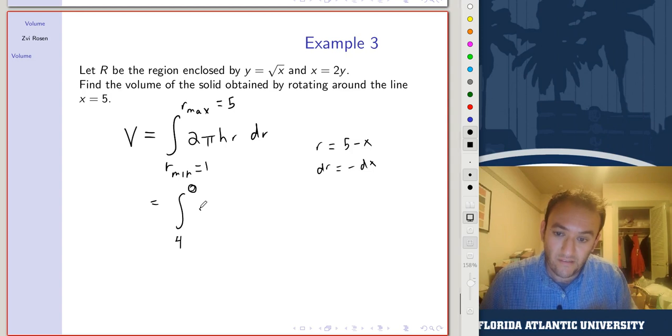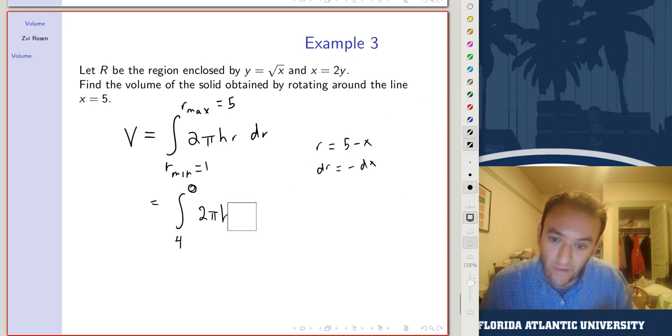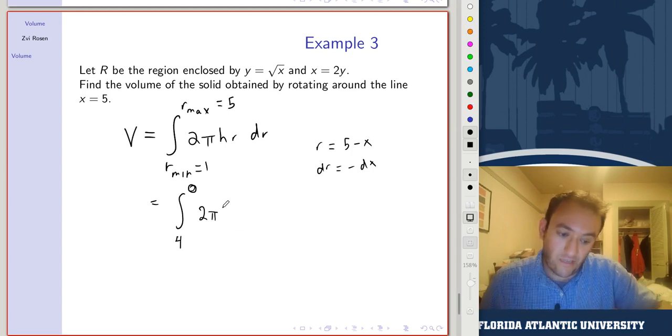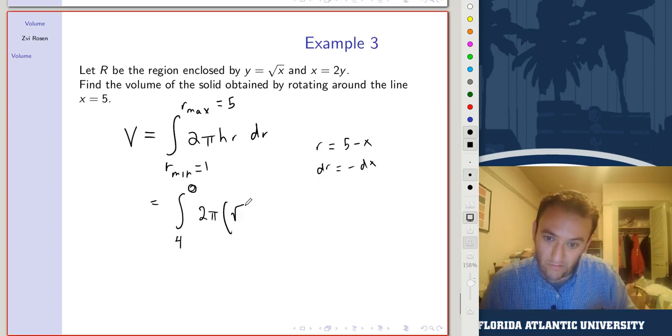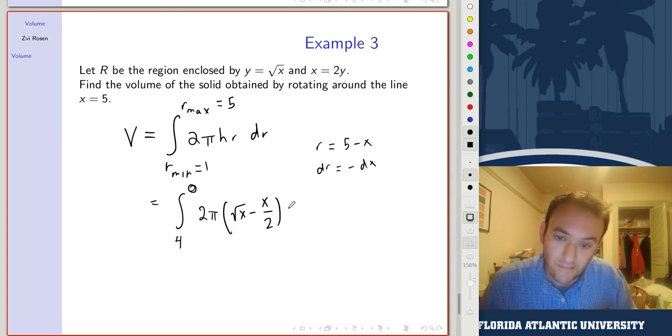Okay? So then we have 2 pi h, oh, and sorry, we have to replace the h as well. H is given by square root of x minus x over 2 times r dr, which is 5 minus x times minus dx.